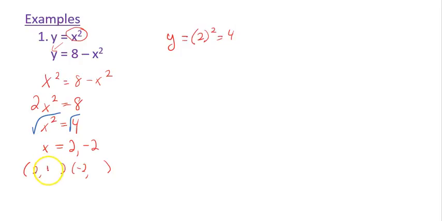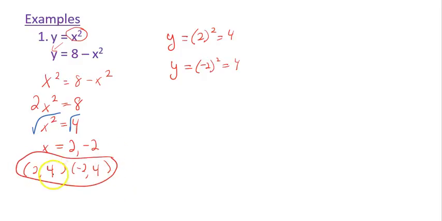So that means the y value of this first point is 4. And then if I plug in negative 2, negative 2 squared is also 4, because a negative times a negative is a positive, and so I have the point negative 2, 4. This is technically my answer, the 2 points where those cross.